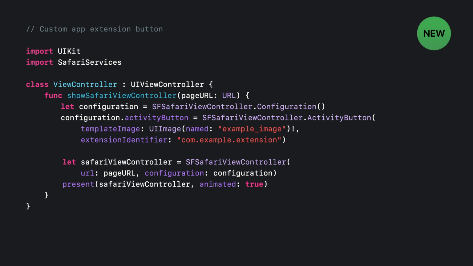So in iOS 15, we have added a new API to bring one of your app extensions to a customized button on Safari View Controller. You can map this button to one of your app's share extensions, and you can even set an image for that button that will best represent the extension that will run, allowing users to run your app extensions directly from the toolbar, including running JavaScript on the page.